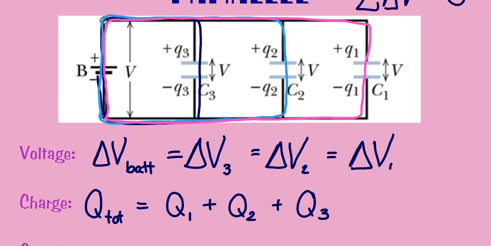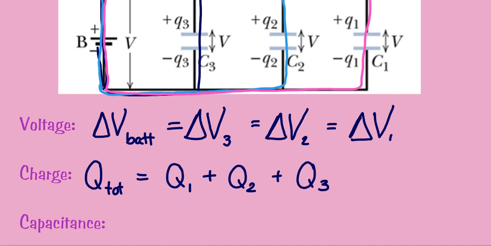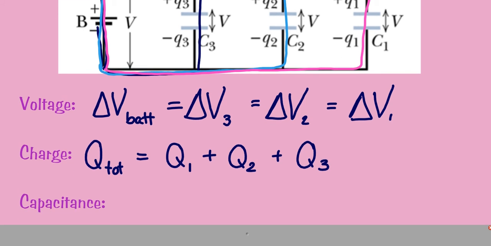Now, using those two facts, I can come up with an equation for what we call the equivalent capacitance. An equivalent capacitance means the capacitance that I would have if I were to take out all three of these capacitors and replace it with just a single one.